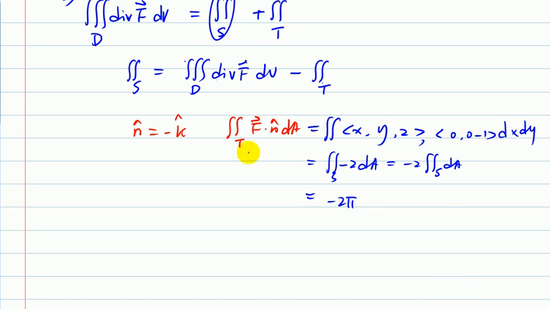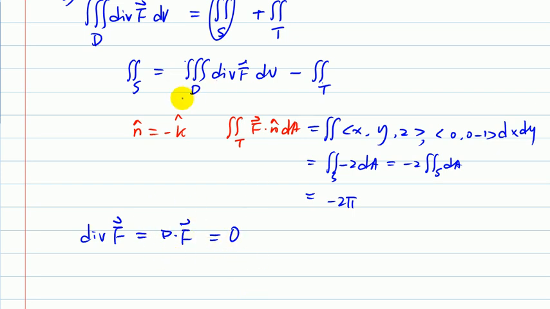Now, divergence, if you tried it out, you actually will see that for our particular case, this is actually going to be 0. You can try it out. But for this vector field, the divergence is 0.